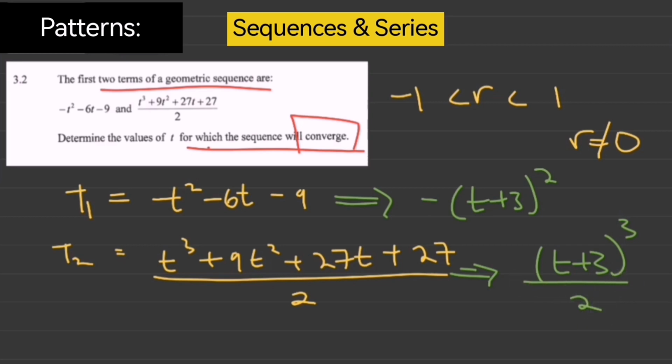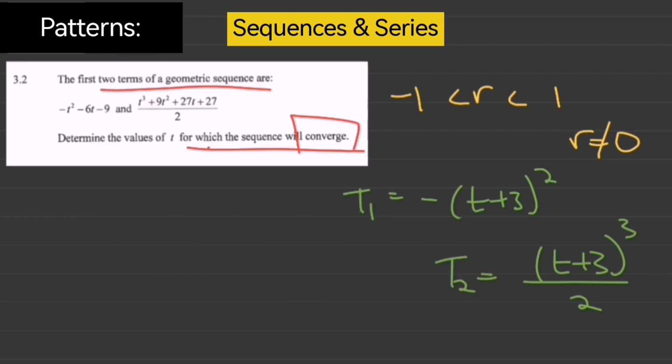Now in the factorized form, it's a lot easier to work out what the ratio is. Let's think about this for a second. The first term is negative, but the second term is positive. That has to imply that the ratio itself is negative, because only a negative times a negative gives us a positive outcome. So we already know the ratio is negative.